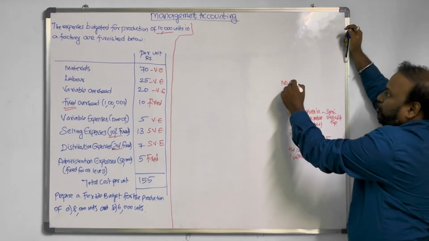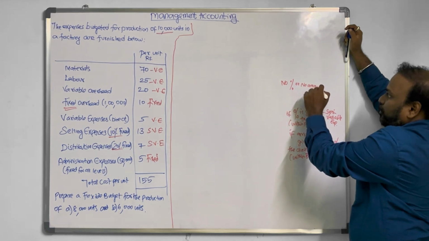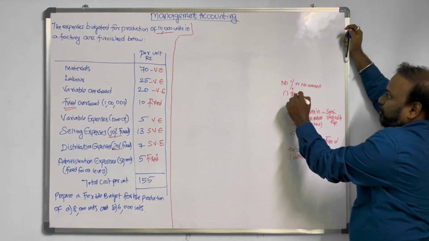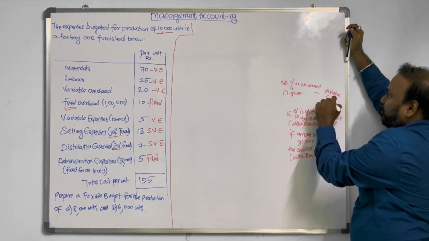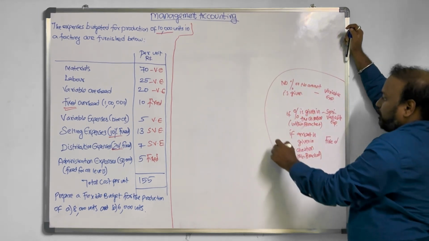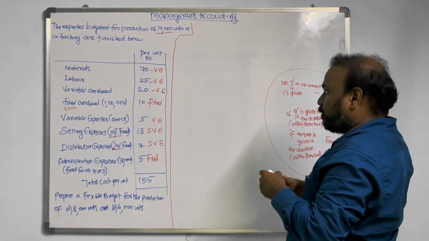If no percentage or no amount is given, that should be taken as variable expenses. So it is important. Okay, now we go for the solution.